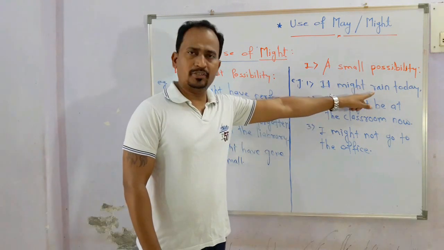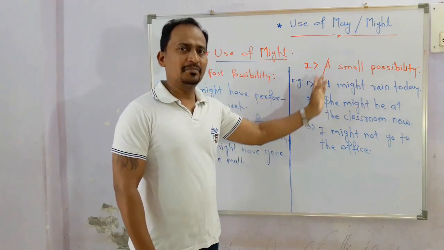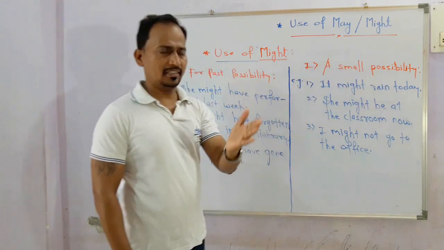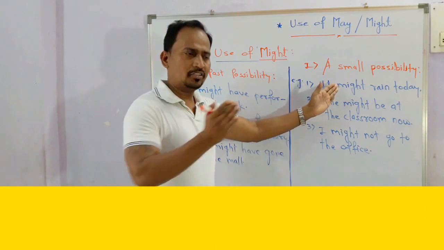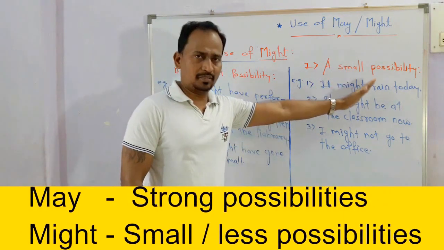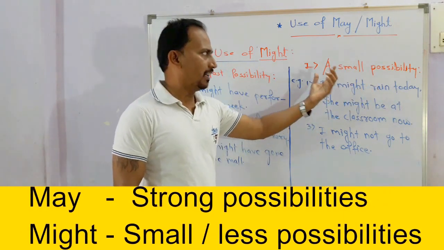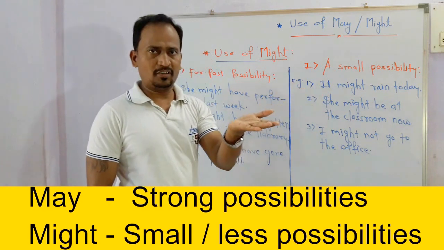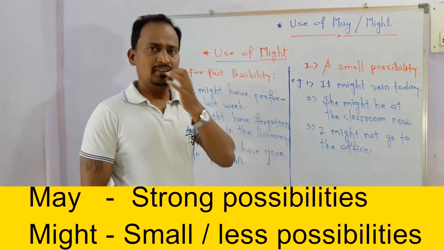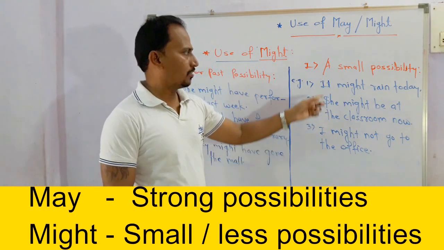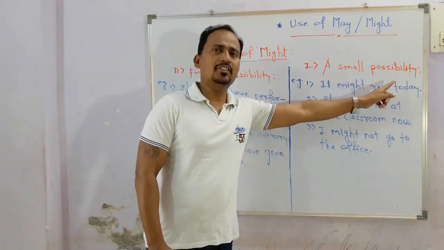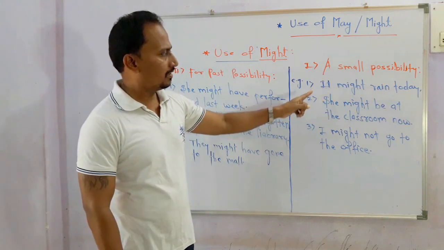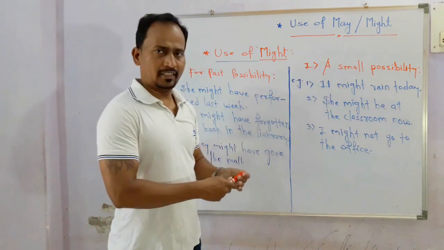It may rain today and it might rain today. What is the difference? May has a strong or higher possibility and might has a small possibility or less possibility. There is not that much surety. So it is a less possibility of rain today. So we can say it might rain today.